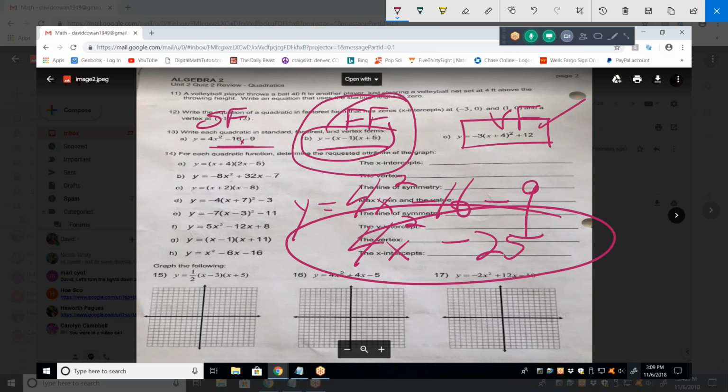Well, that's still a quadratic, still in standard format. Still, we can put it in vertex format, and we can also put it in factored format. So it's not necessarily a mistake. It's not necessarily a typo. It's just I gotta believe it is. I just don't see problems like that on tests ever.